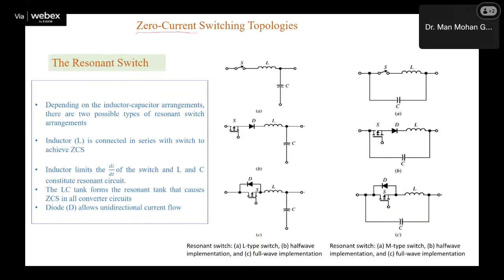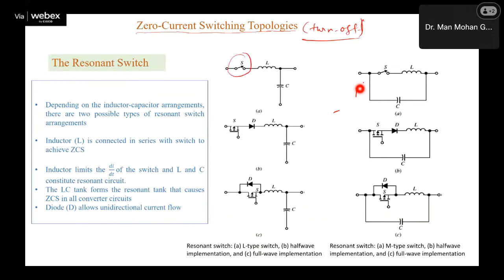First we are talking about zero current switching topologies. Previously we have seen that this is normally used for turning off the device. Now this is our switch.